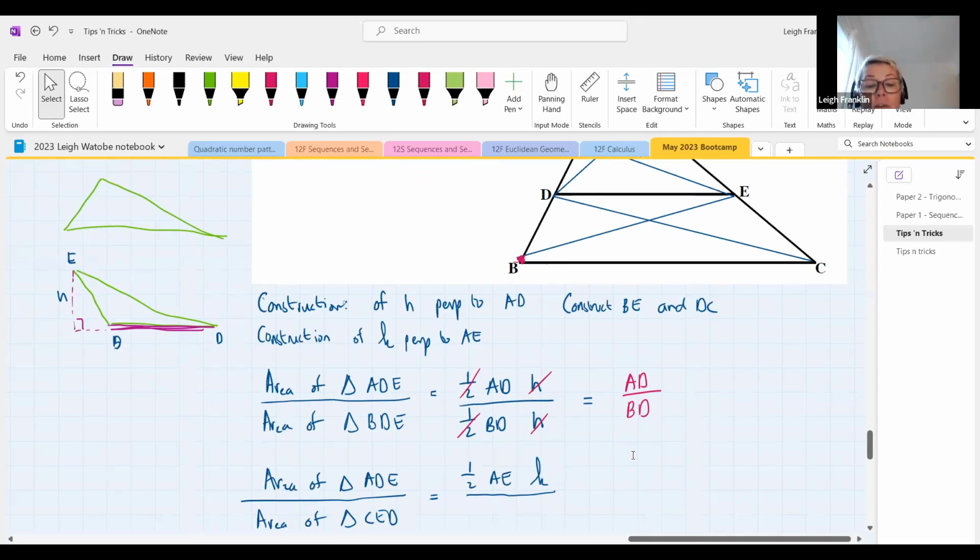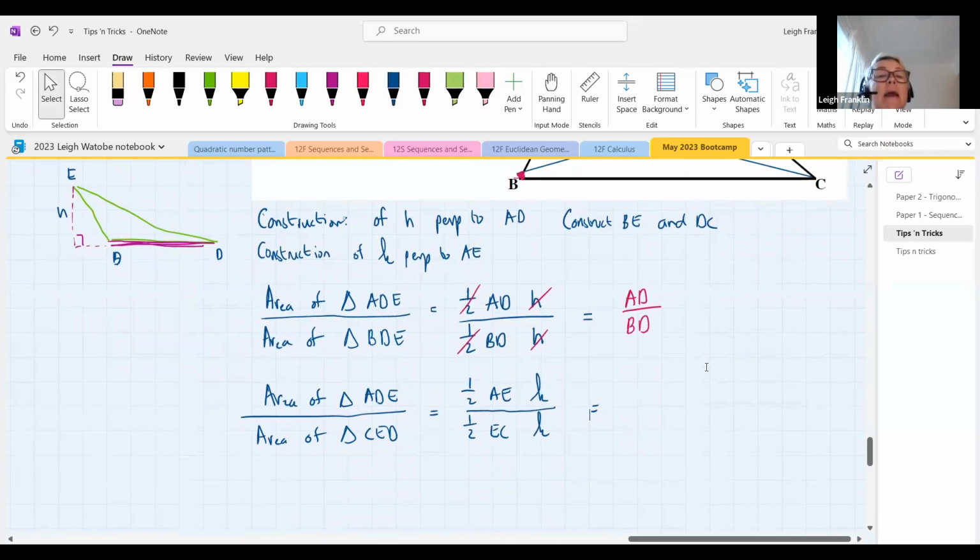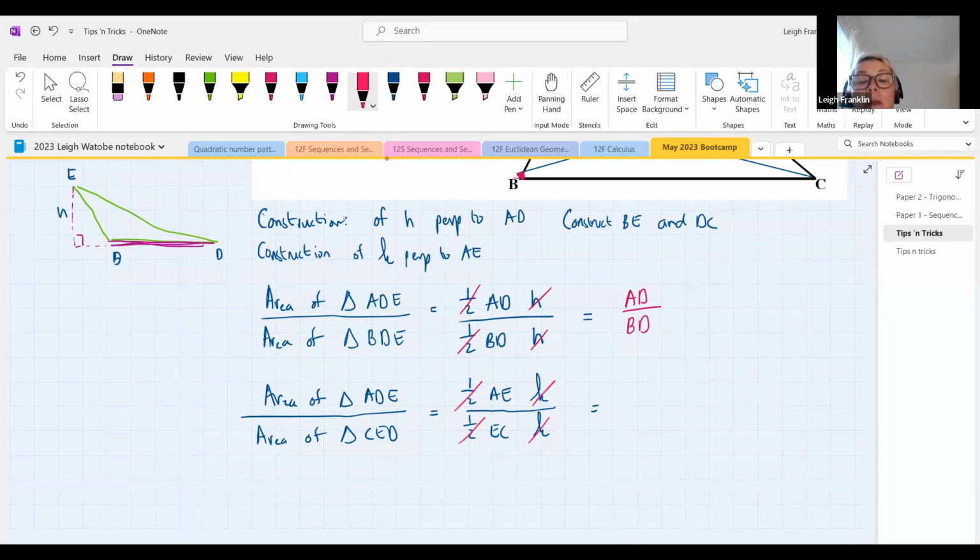So this is going to be half EC times K. EC is the base now. And again, we would cancel out. We would divide a half with a half and K with K, and we would get AE over EC.